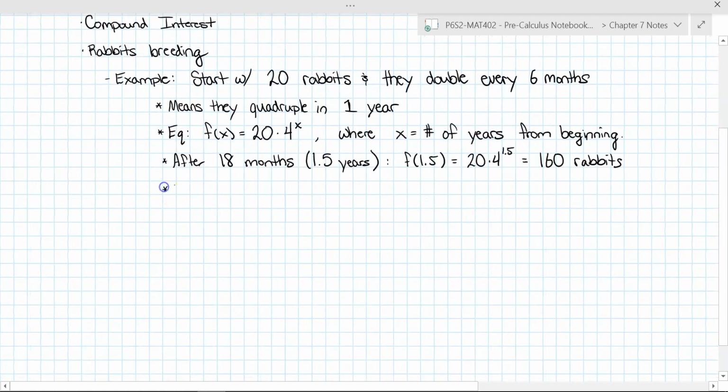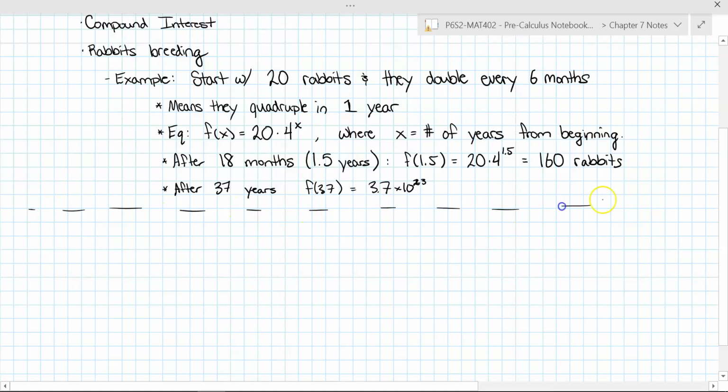After 37 years, we had f of 37 was 3.7 times 10 to the 23rd rabbits, and that is just too many. But in comes this logistic function to rescue us.